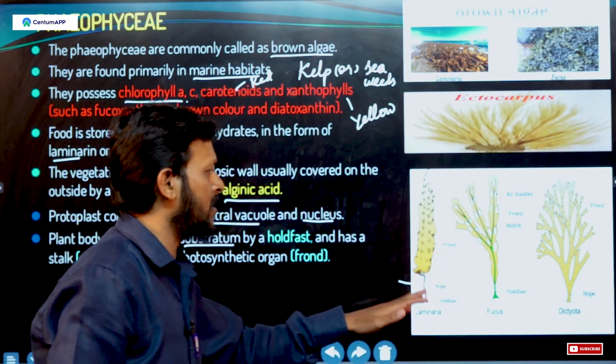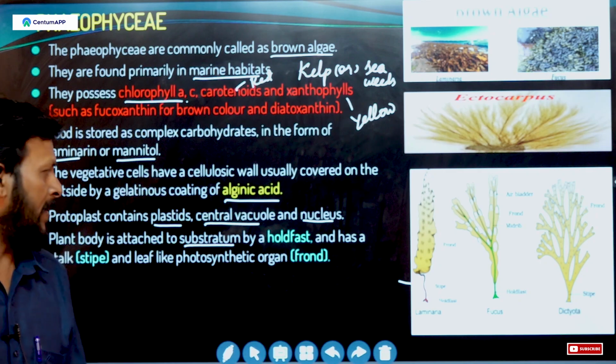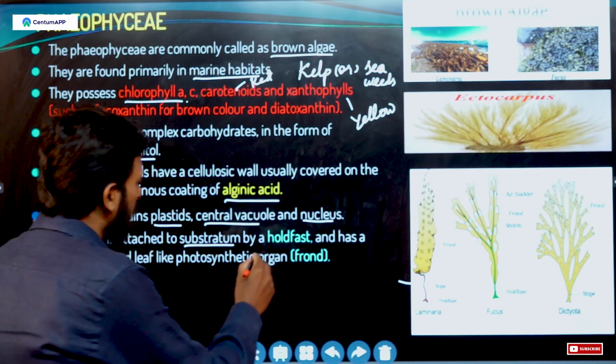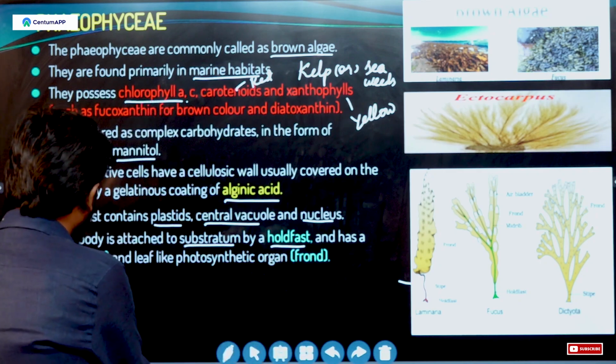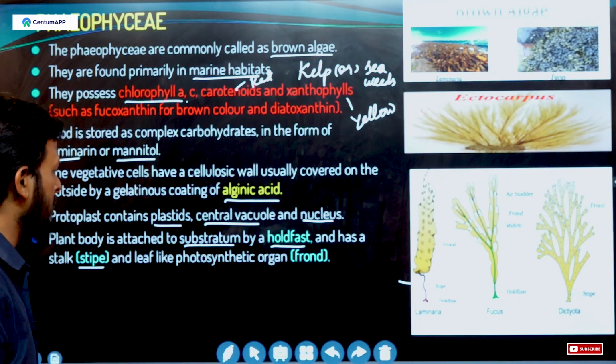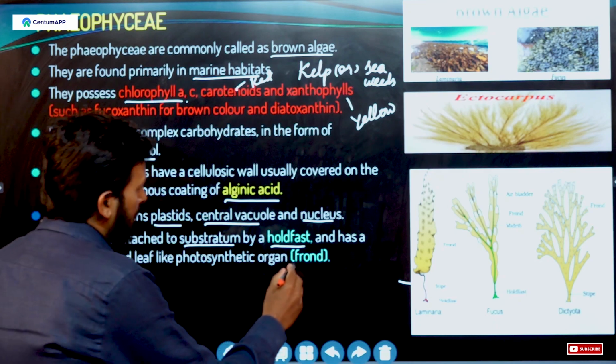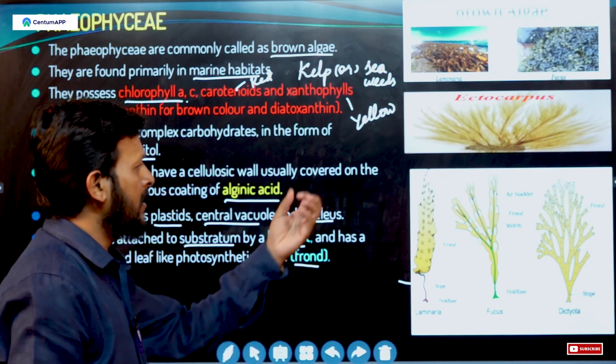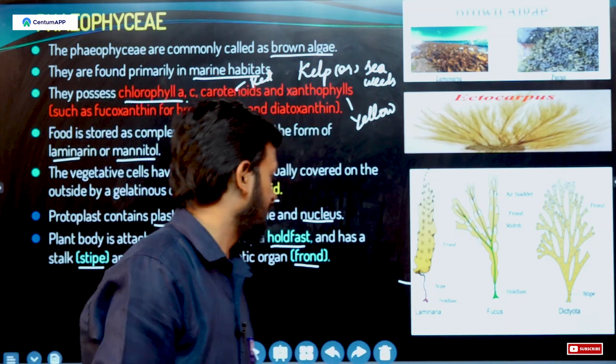These are all the parts found in Phaeophyceae: holdfast, stipe, and frond. The frond can prepare the food content.